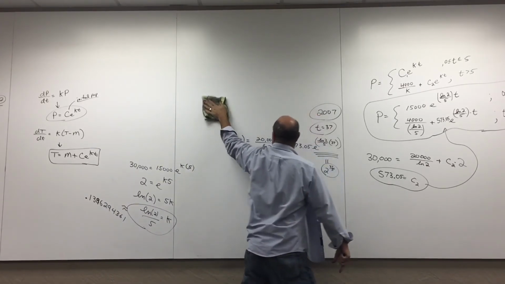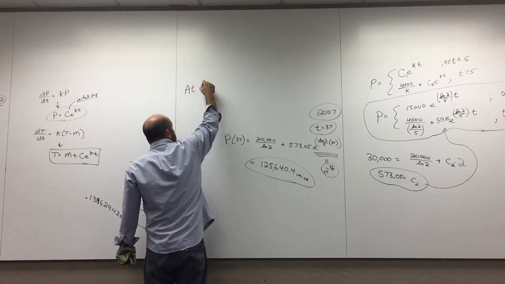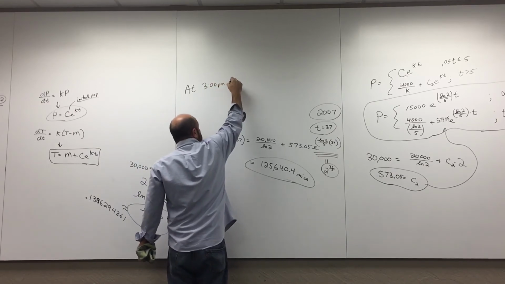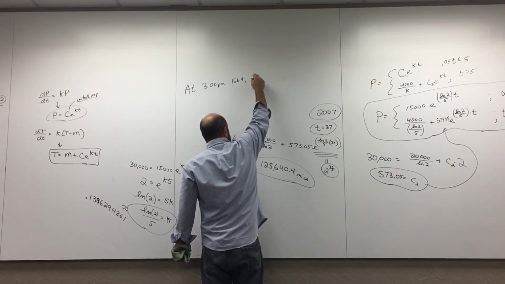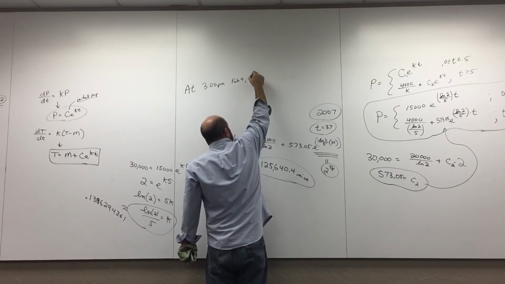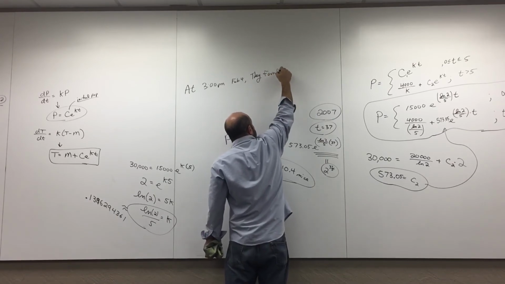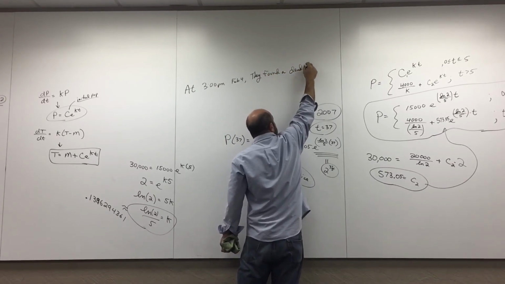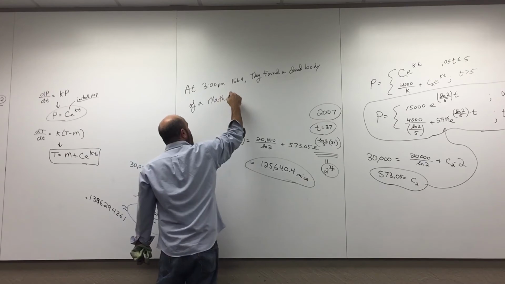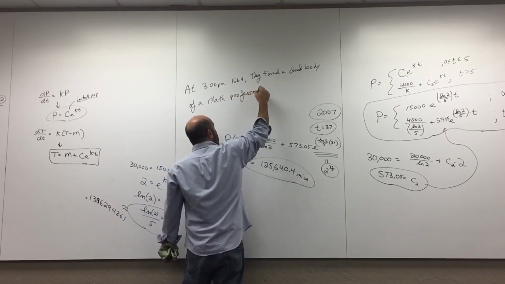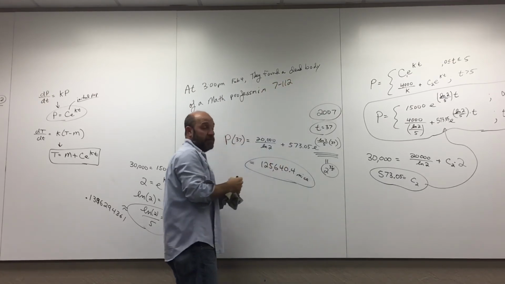I want to say that at 3 p.m. on February 4th, they found a dead body of a math professor in room 7112. That happens to be this room.